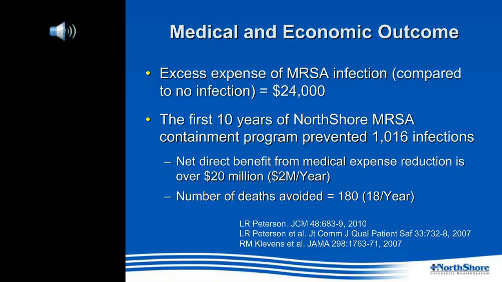We've prevented a little over 1,000 infections, had a medical expense reduction of some $20 million, 10 million net benefit to our hospital, and avoided 180 deaths or 18 deaths per year based on disease rates published by the CDC and mortality in invasive MRSA disease.